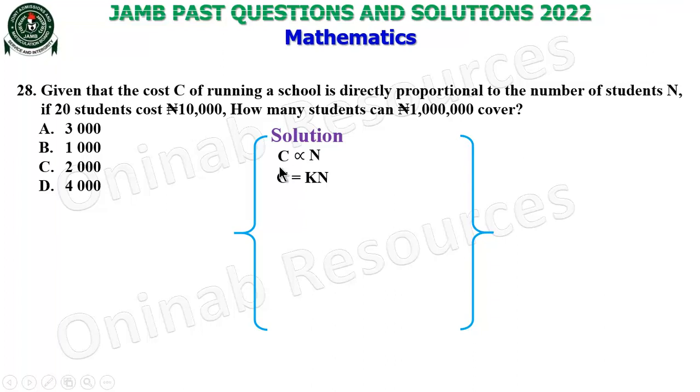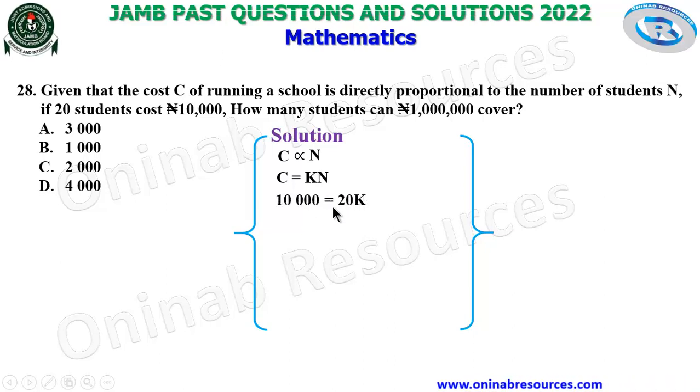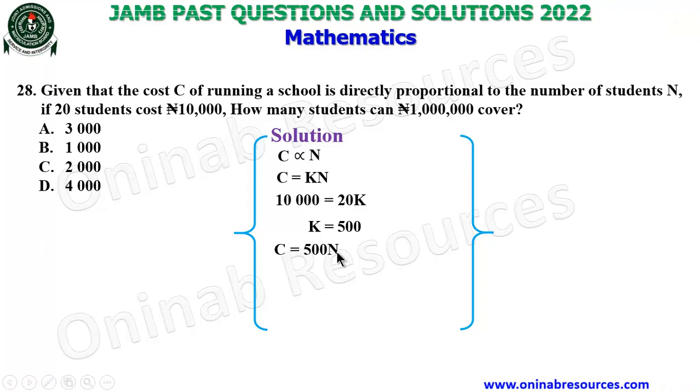And we are told that when C is 10,000, N is 20, so 10,000 = 20k. Dividing both sides by 20, that's going to give us 500. k is 500, so C = 500N. It means each student can be fed with 500 naira.